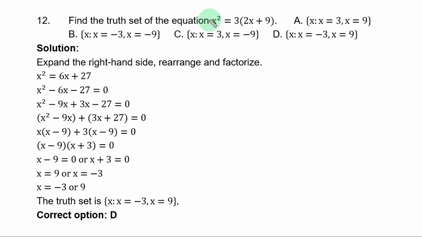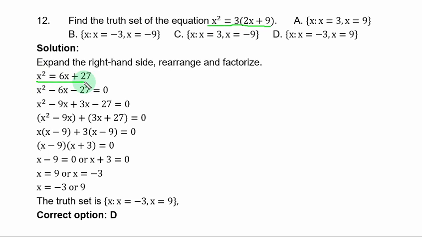Question 12. Find the truth set of the equation s squared equal to 3 bracket open 2s plus 9 bracket close. You have the various options. If you wish to solve by factorizing because it is quadratic, you ensure that one of the sides is 0. So let's expand the right hand side and rearrange. If you expand by using 3 to multiply 2s and 9, you have s squared equal to 6s plus 27.